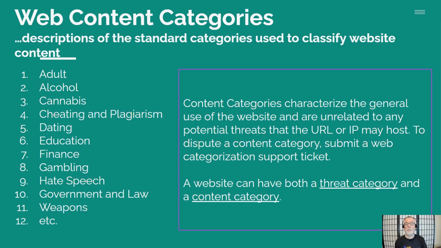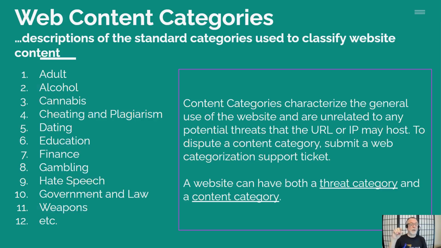Also, there are what are called web content categories. Now, just to add to your information here, I worked for an organization that had tens of thousands of customers. Their enterprise used these Cisco web content categories to determine what websites the members could visit.